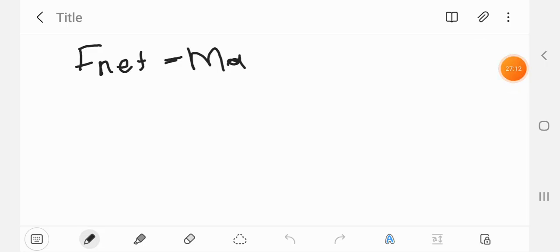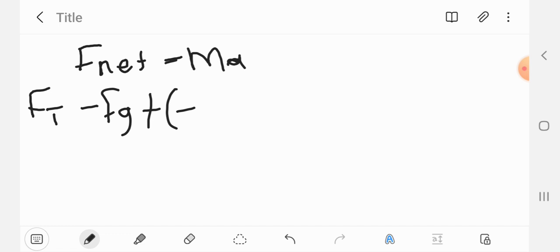So we are going to use this formula. We'll say tension, friction. If it was applied, we would say applied friction, minus gravitational force, because it's on the left hand side and so it's negative, and then plus another negative, kinetic friction, which will also be negative because it's on the left hand side, equals ma.